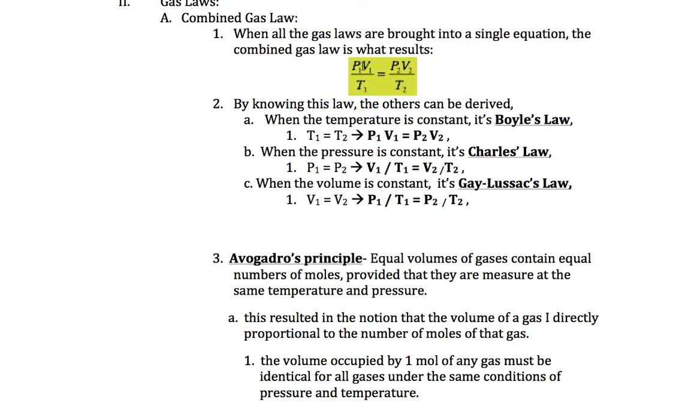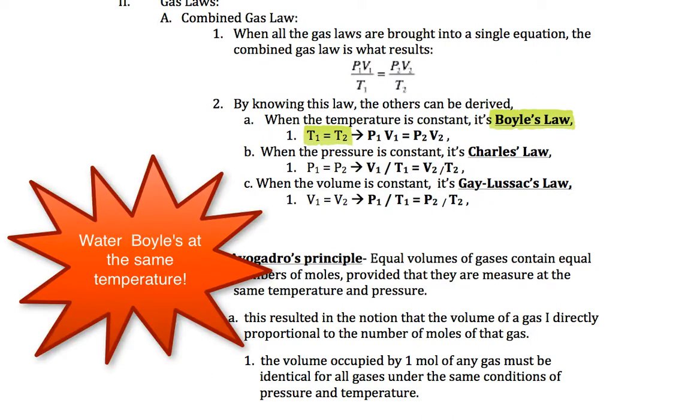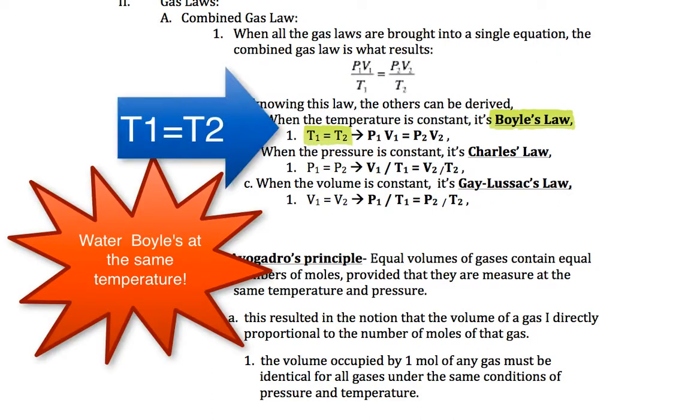Okay, so P1V1 over T1 equals P2V2 over T2. Now, if we look at the same temperature, T1 equals T2, it's Boyle's law. The way you can remember that is water boils at the same temperature.